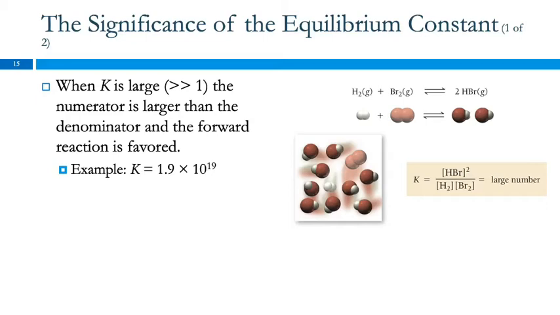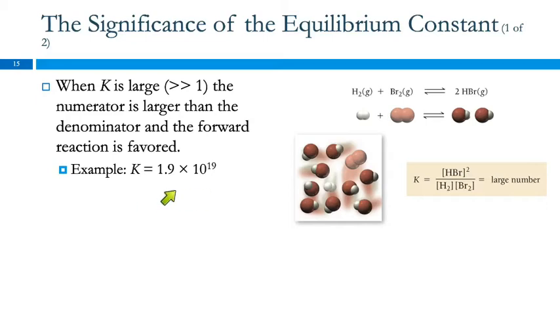Okay, so the significance of the equilibrium constant. If K is large, and by that we mean much, much bigger than 1, that means that the numerator of that expression is much bigger than the denominator, right? And that indicates that the product concentrations are much higher than the reactant concentrations.